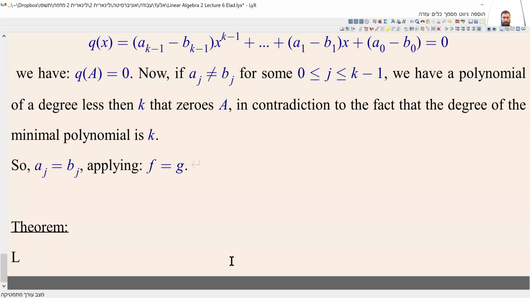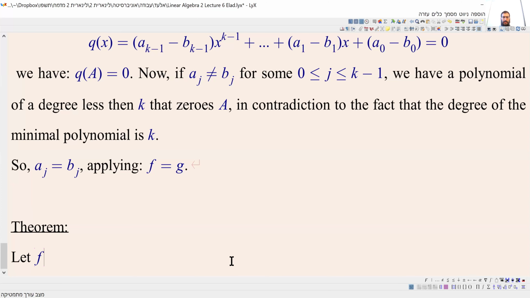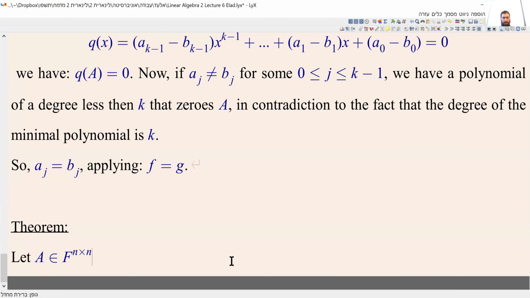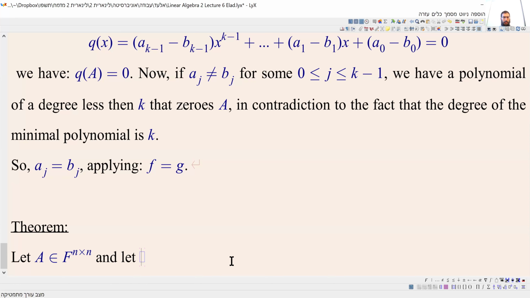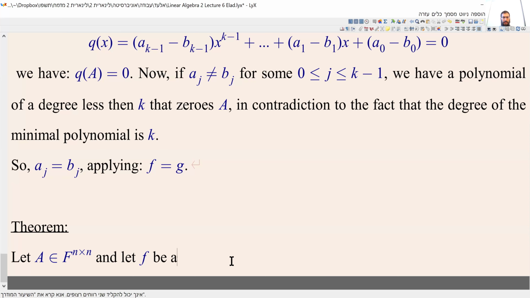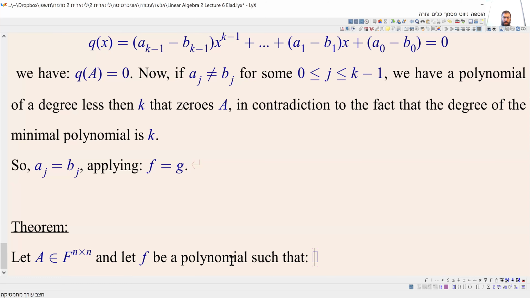Let L, capital L, A be a matrix of order n. And let F be a polynomial that zeros A, such that F(A) is 0.